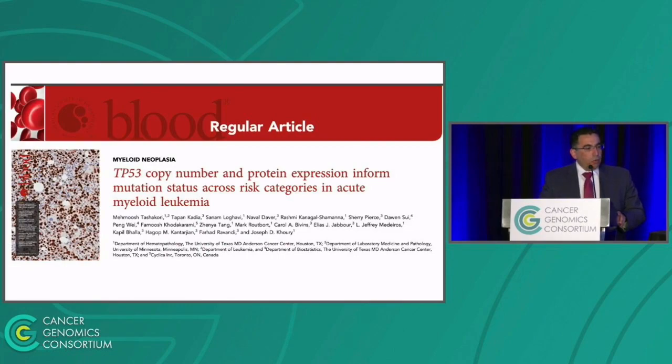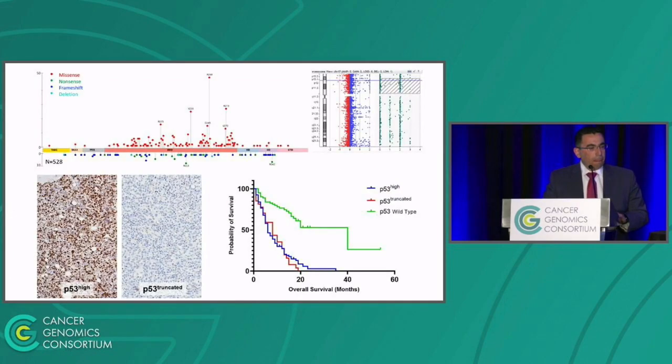A few years ago, we published this paper showing that it is P53 copy number and protein expression status that together can inform decision points and prognostication and classification frameworks for AML with P53 mutation.